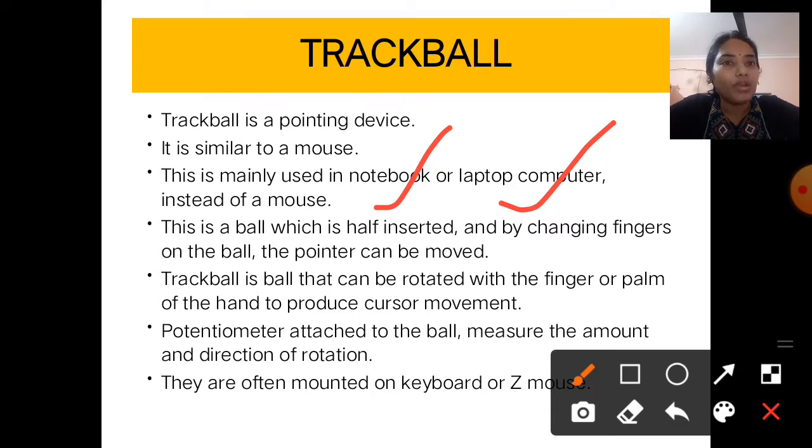This is a ball which is half inserted, and by moving the fingers on the ball, the pointer can be moved. A trackball is a ball that can be rotated with the finger or palm of the hand to produce cursor movement.